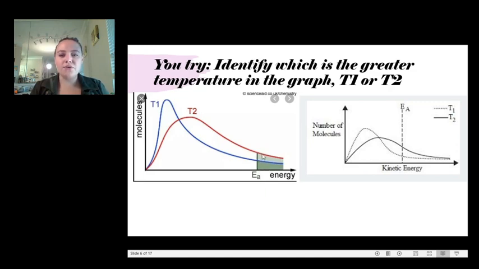So more molecules have enough energy to react with T2, meaning that T2 is the greater temperature. Because at high temperature, we have more molecules with more energy because that heat energy is going into the molecules. So at higher temperature, we have more molecules with enough energy to react.